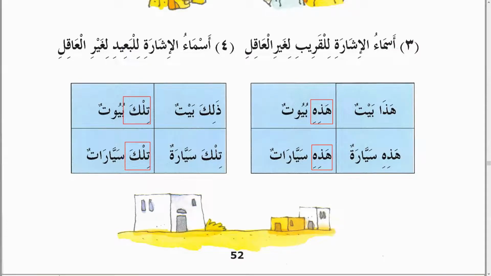This is tilka because this is singular feminine, but this is tilka rusulun. That is because broken plurals are treated as ghair aqil, right? Tilka rusulun, and that is also a point. Broken plurals are treated as ghair aqil sometimes, not all the time.